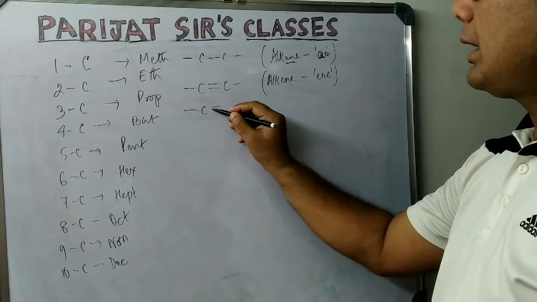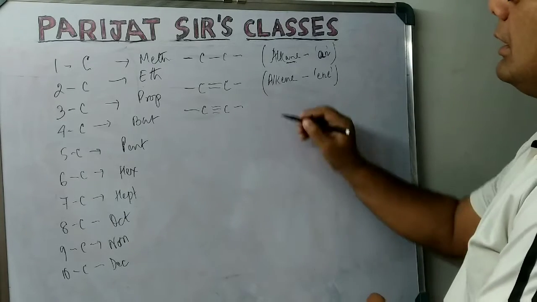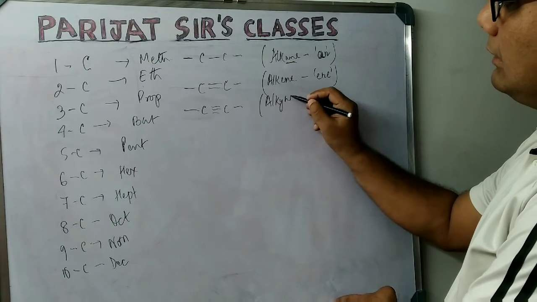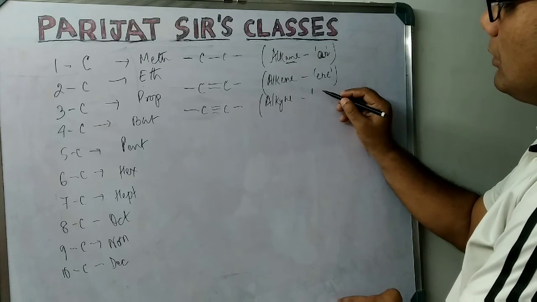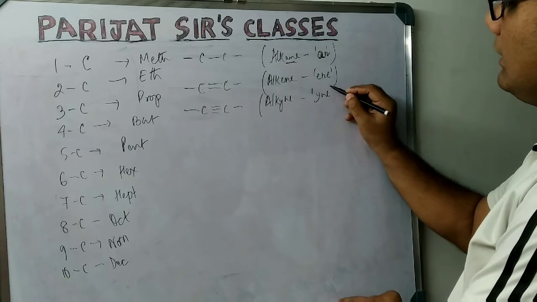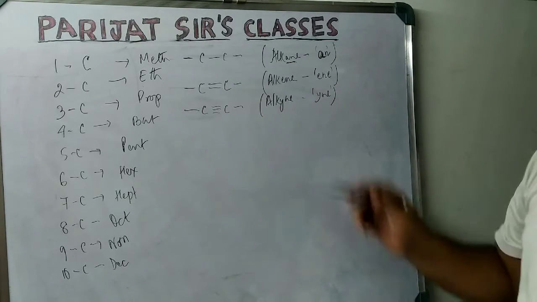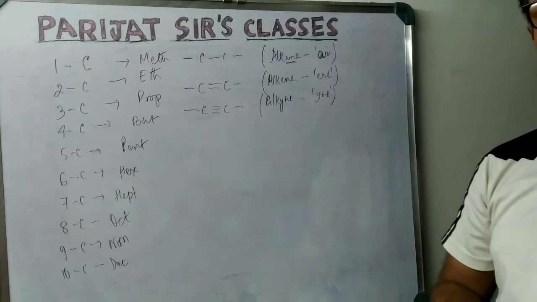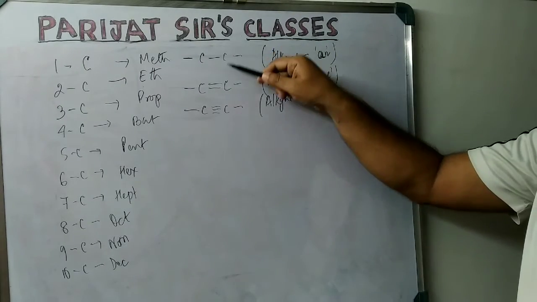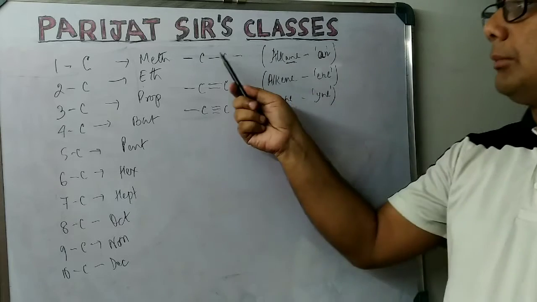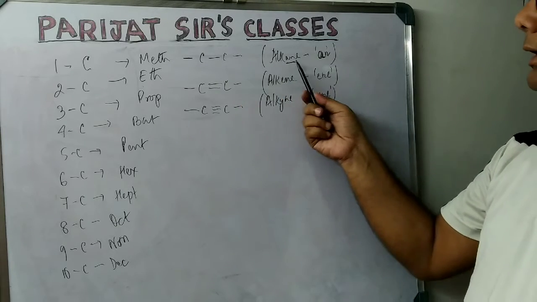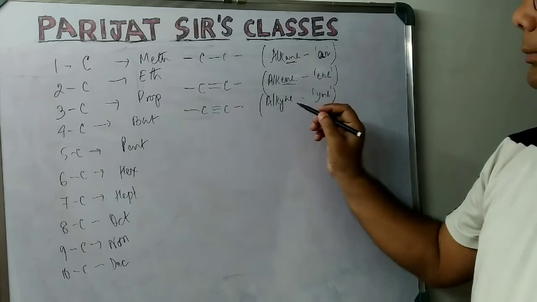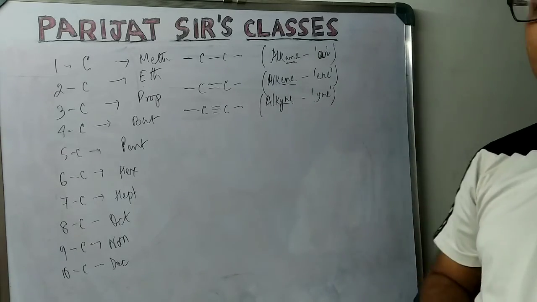And when we have a carbon to carbon triple bond, it belongs to the alkyne group, and we choose YNE. So these are the basic things: the number of carbon atoms gives the initial name, and single bond alkane, double bond alkene, and triple bond alkyne give the ending.